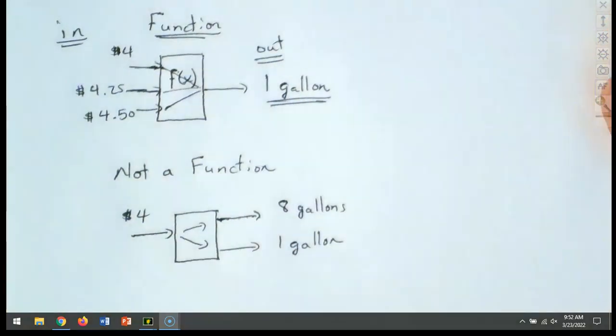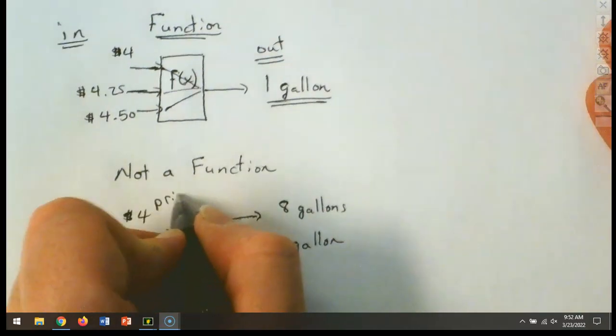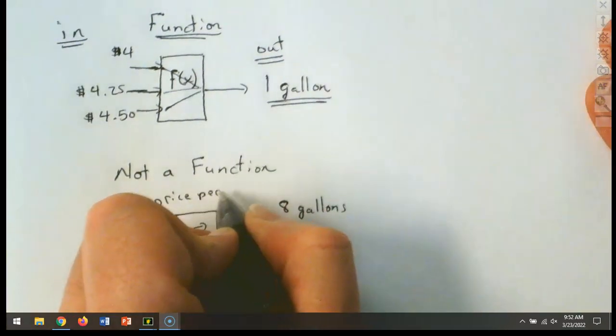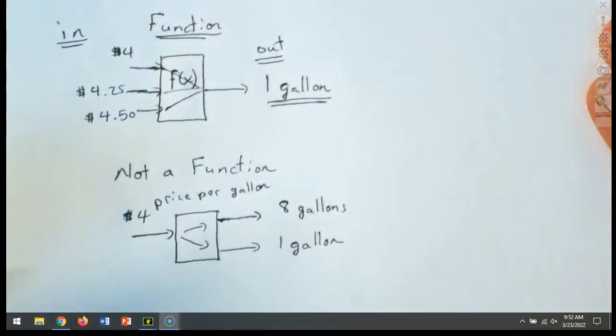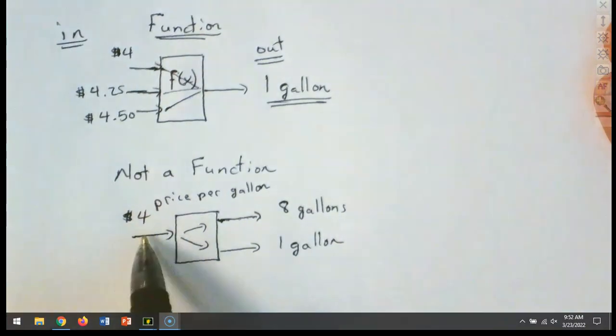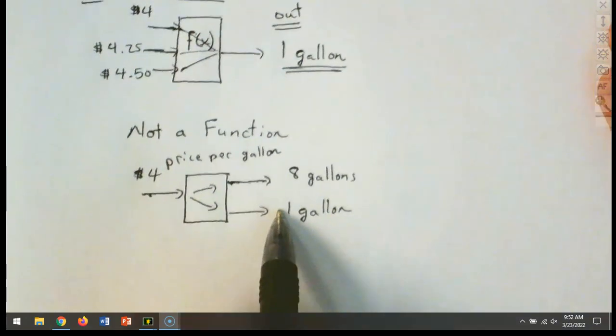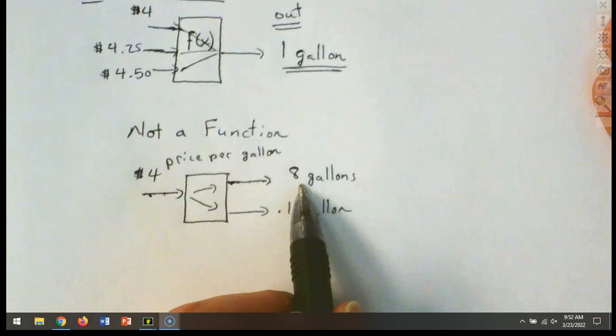Okay, this one doesn't make sense because this $4 is the price per gallon. Okay, and if I put $4 in, that's the price per gallon. If I put $4 in, what should I always get out? 1 gallon of gasoline, right? If I put $4 in, should I get out 8 gallons of gas?